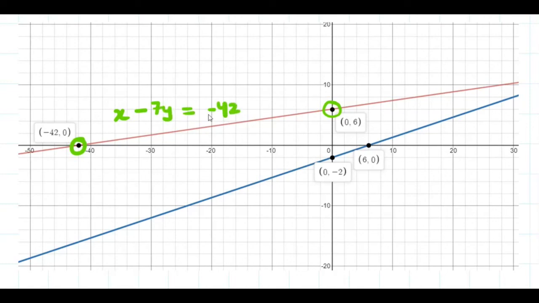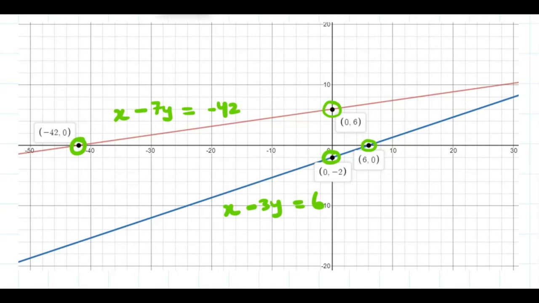Next, we have the point 0 comma minus 2 and 6 comma 0. When we connect these 2 points, we have the straight line which is represented by blue line, and this line is corresponding to the equation x minus 3y is equal to 6.